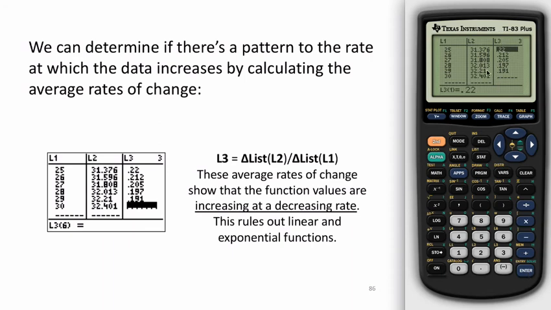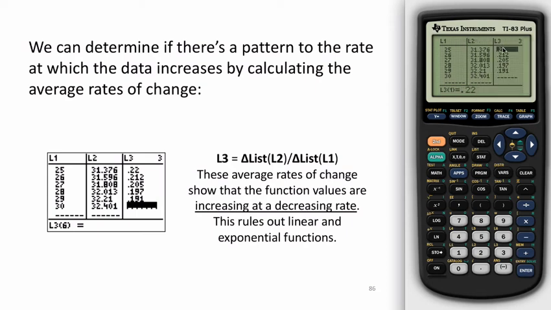From this set of average rates of change, we can see that on the interval from 25 to 26, we increased by 0.22 y units per x unit. And then we've got, clearly not a constant average rate of change. So here we can see quantitatively the nonlinear nature of the data. But we can also see that there's a trend in those average rates of change.